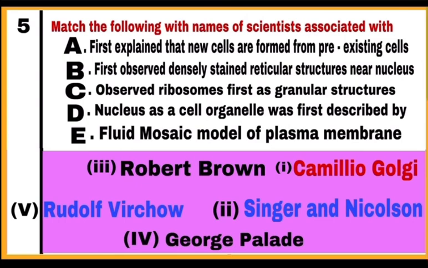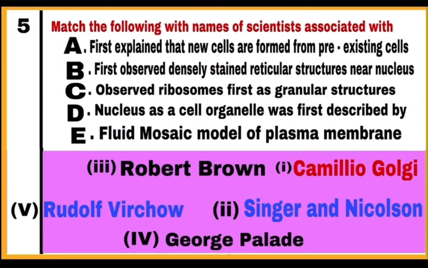A. First explained that new cells are formed from pre-existing cells. It was first explained by Rudolf Virchow in 1855. B. First observed densely stained reticular structure near nucleus. This was observed by Camillo Golgi in 1898 and later named Golgi bodies after him.